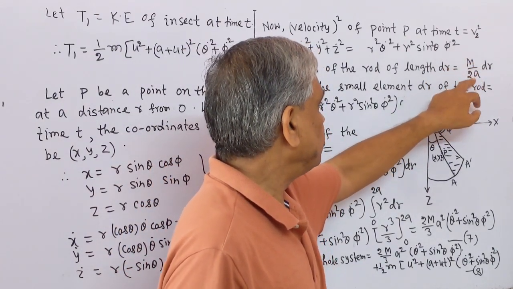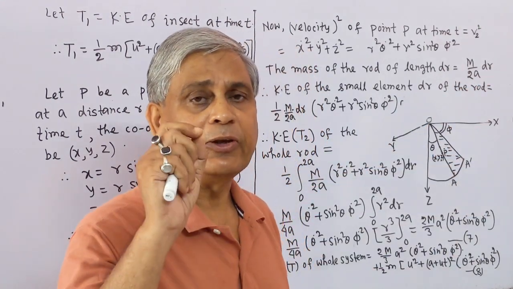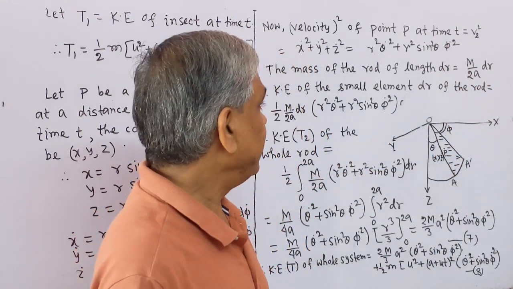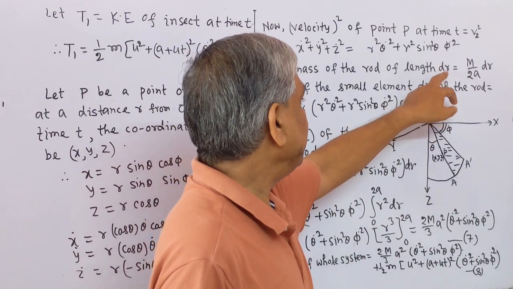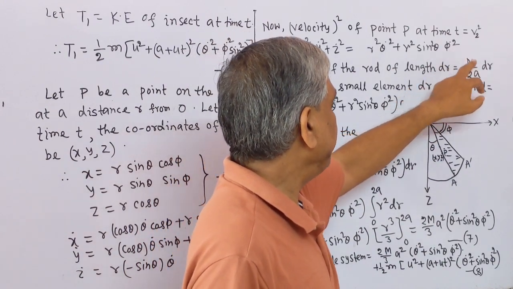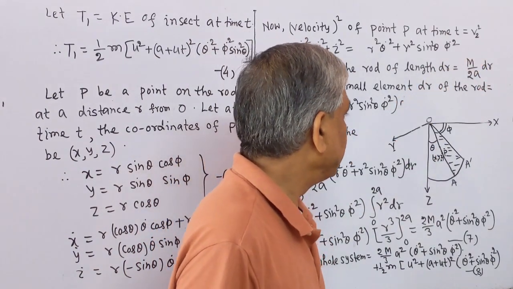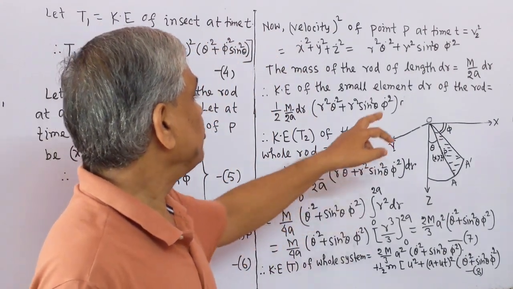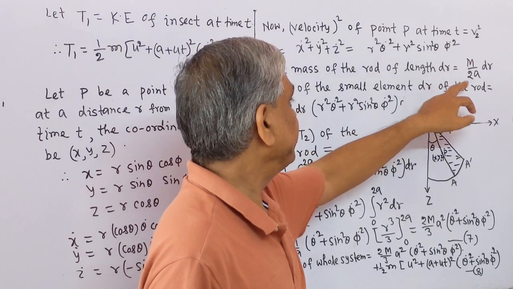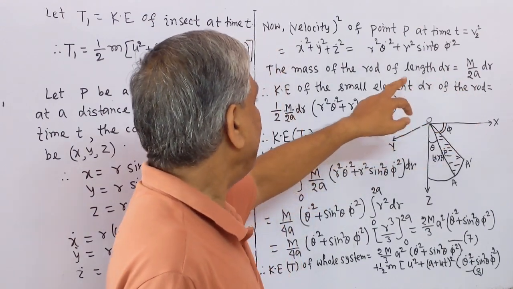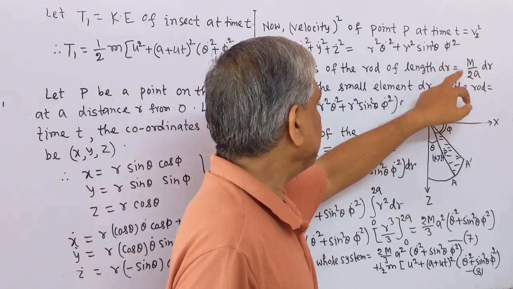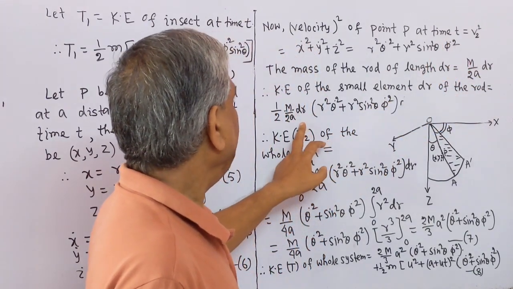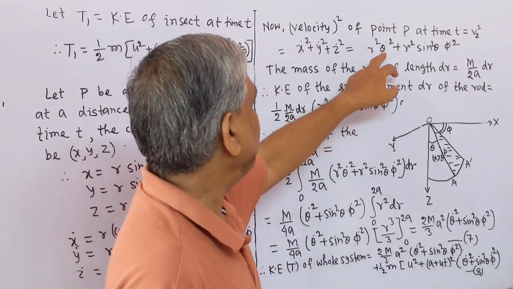Therefore, M by 2a is the mass per unit length. Then for length dr, the mass will be M by 2a multiplied by dr. Therefore, the kinetic energy of the small element dr of the rod will be half mass of this portion times velocity square. This is the velocity square.